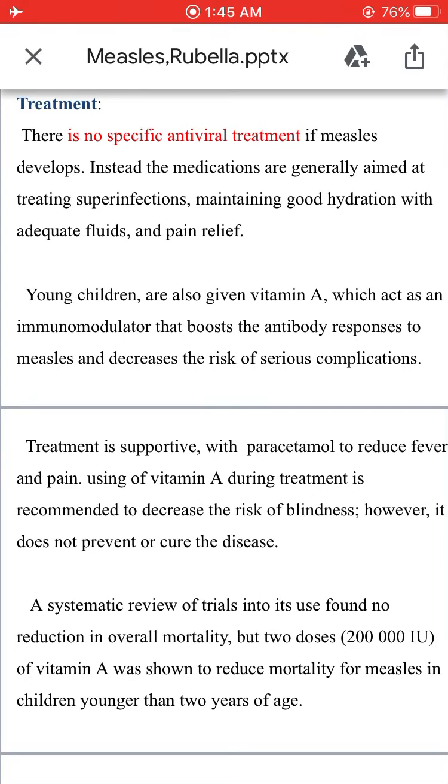Use of vitamin A treatment is recommended to decrease the risk of blindness. However, vitamin A does not prevent the disease.